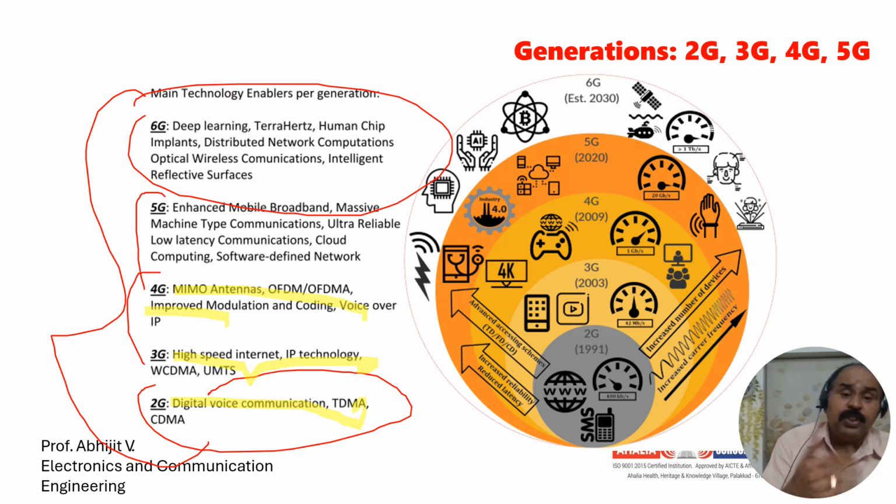From 5G to 6G, the change was the advent of artificial intelligence. Instead of simply connecting all the machines to the internet, machines started becoming intelligent. They started thinking on their own and working according to the conditions.